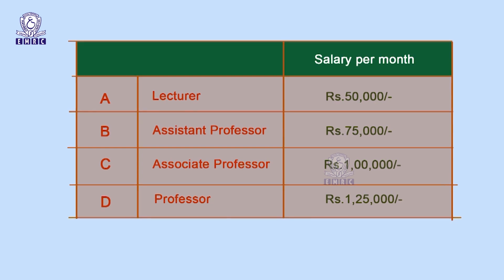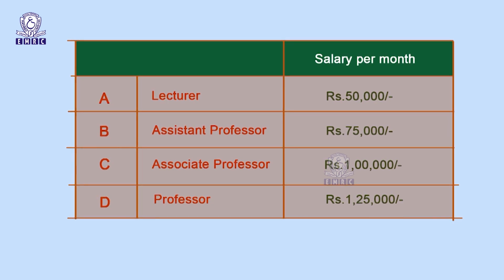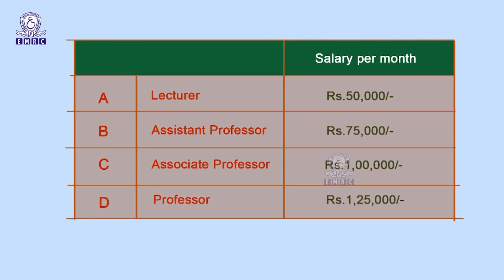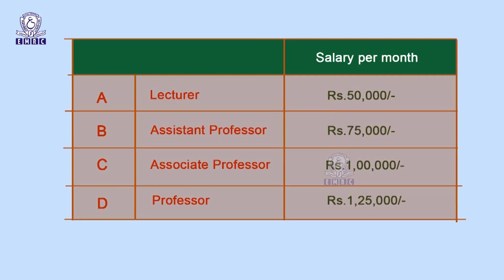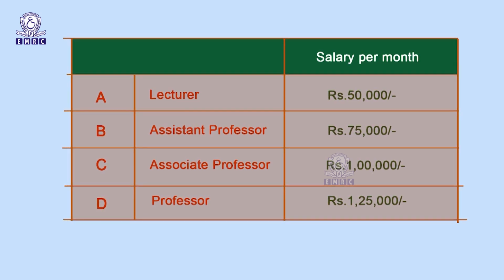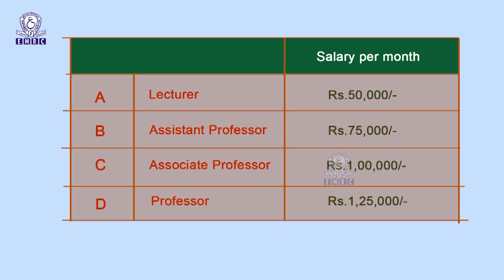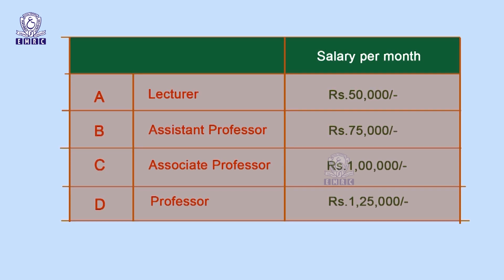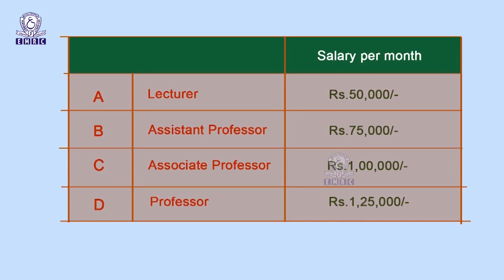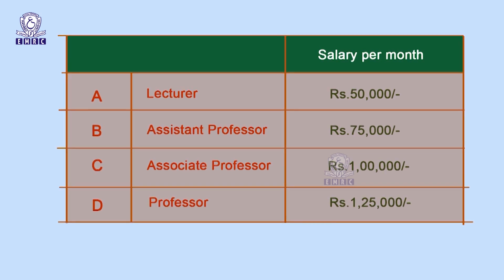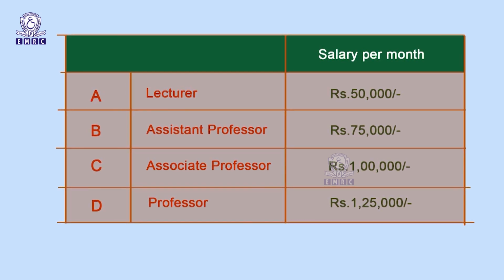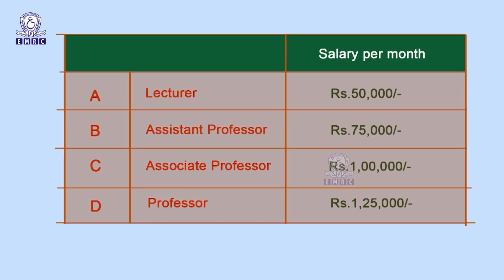A gets a salary of rupees 50,000 per month, B draws a salary of 75,000 per month, C draws a salary of 1 lakh per month, and D gets 1,25,000 per month. Now we can say that the difference in their salaries is rupees 25,000. We can also say that the difference between A and B is equal to the difference between C and D.